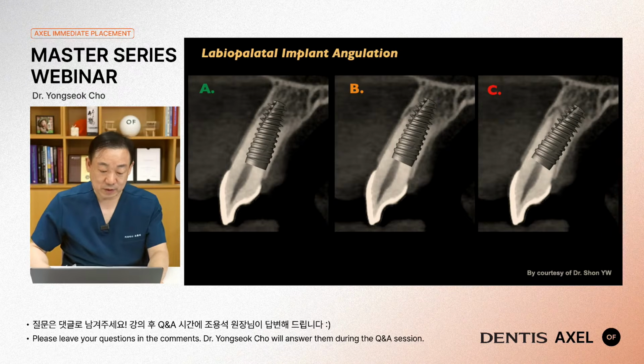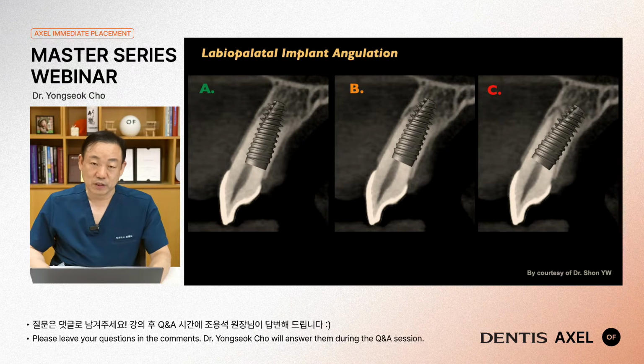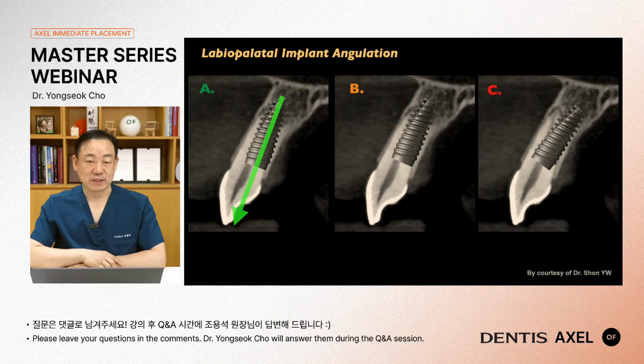In this picture, the A picture shows the screw access channel emerging at the cingulum. If ideally we can place it like this, this is better because with the usual prosthetic options such as a ready-made abutment or custom abutment, we can make a screw-retained restoration.